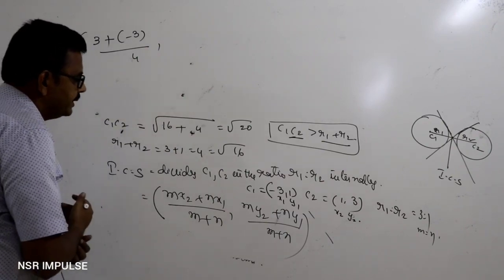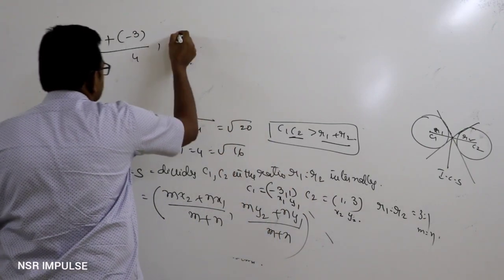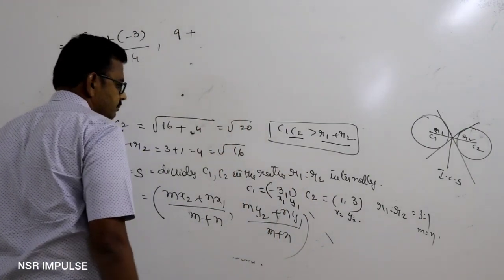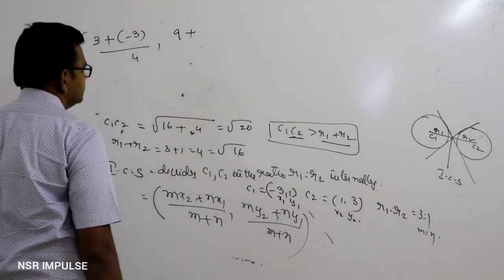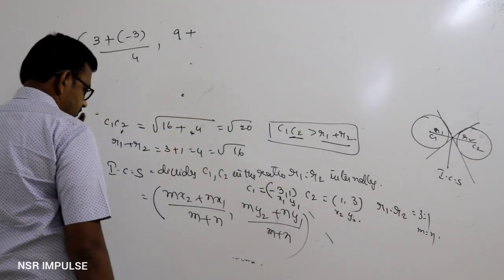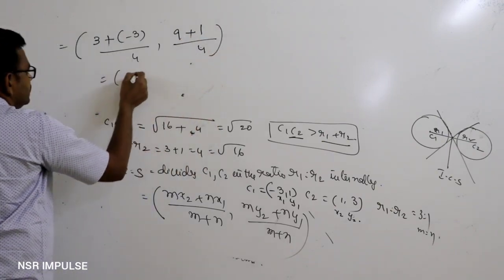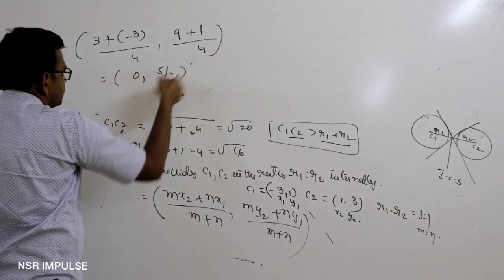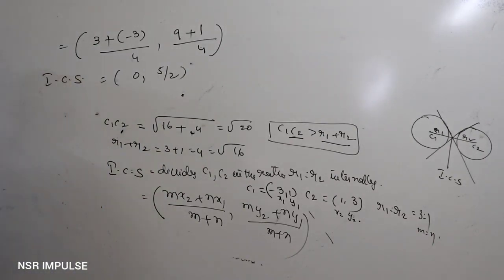Next my2 plus ny1, that is 9 plus 1 by 4, that is equal to (0, 5 by 2). This is the internal center of similitude.